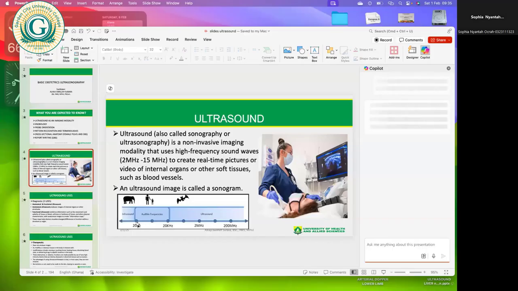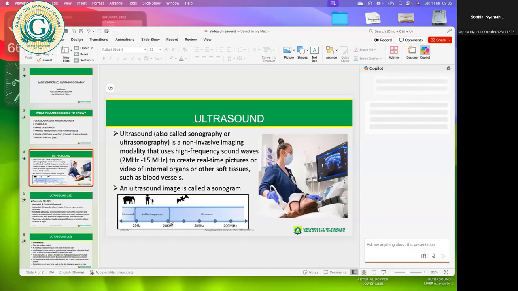For human beings, we hear between 20 Hz to 20 kilohertz. All our sound frequencies that we are able to hear or that are audible to us are between this particular range. Above this range, human beings cannot hear, but animals such as the bat can hear above these frequencies.